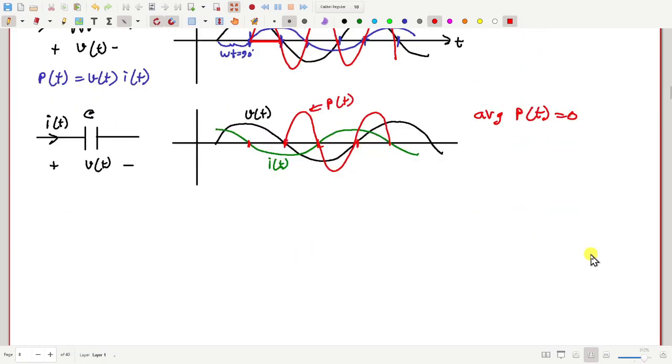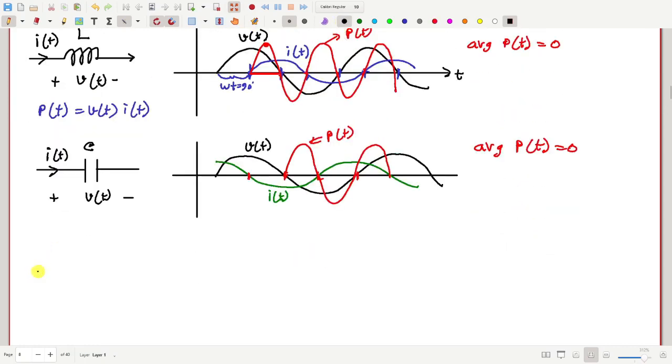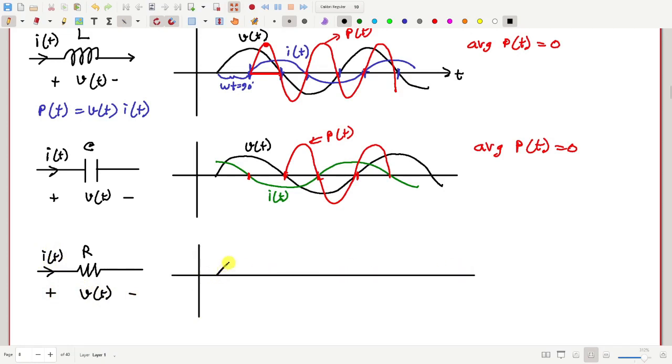But what happens for a resistor? If this is I, if this is V, let's draw the two graphs and see what happens. If this is the voltage, how will the current be? It will be in the same phase, magnitude may be different. So this is I(t), this is V(t), and if you multiply the two, what do you get?